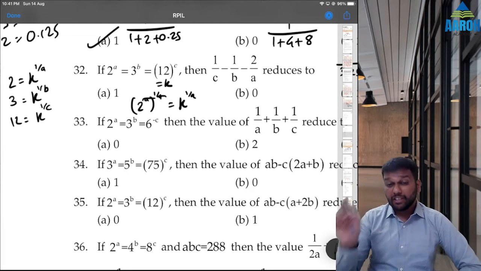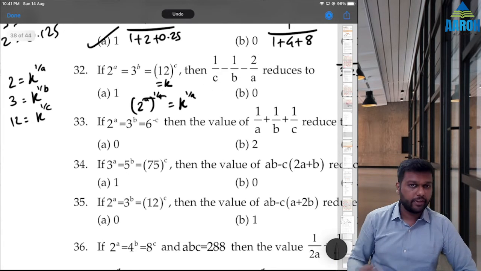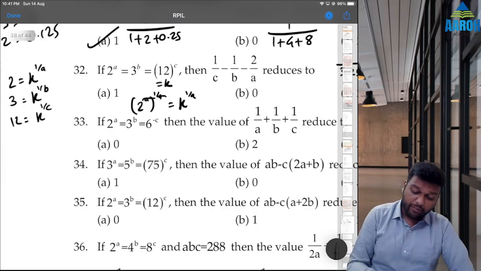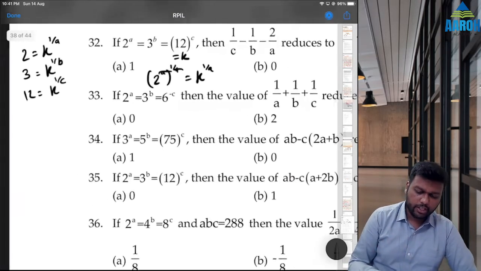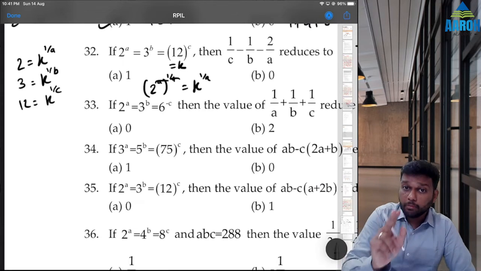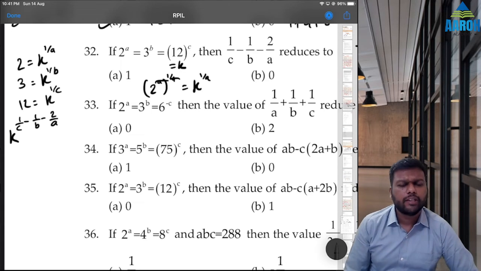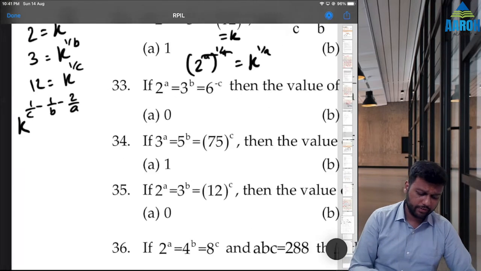Now we have to see what is given here and how to get that. Concentrate very carefully. We want 1 by c minus 1 by b minus 2 by a. So we have to somehow get k raised to 1 by c minus 1 by b minus 2 by a. Now how can we get that? Can we use the rules of indices?